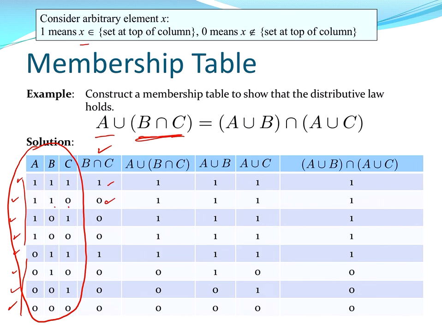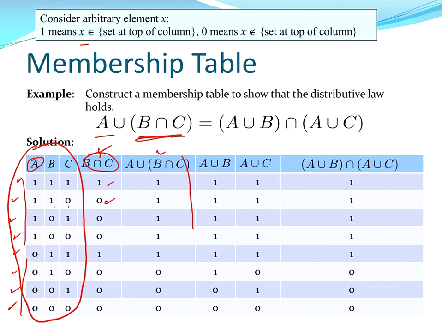And then when we're doing this column here, A union (B intersect C), we're looking at that column that we just created and A to build the inclusion values for that set.